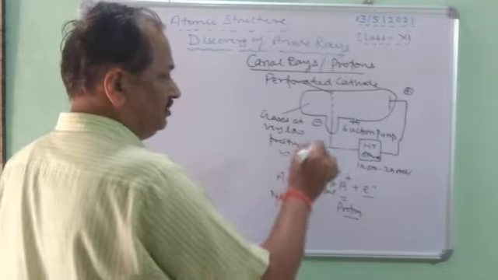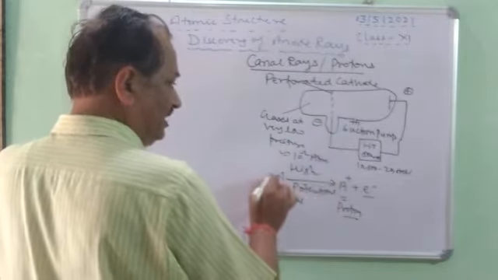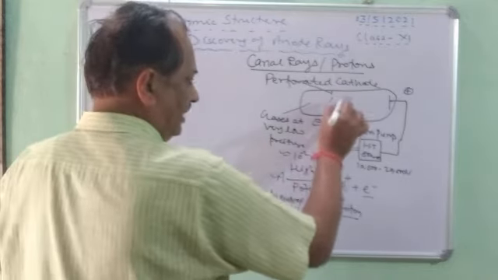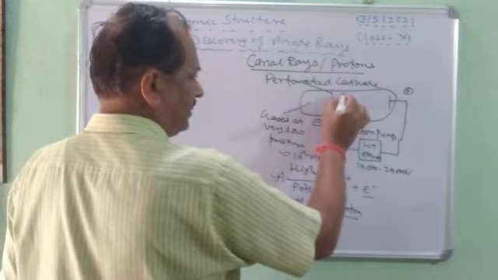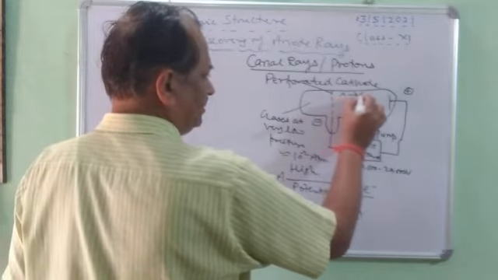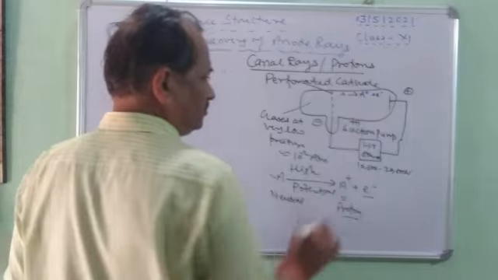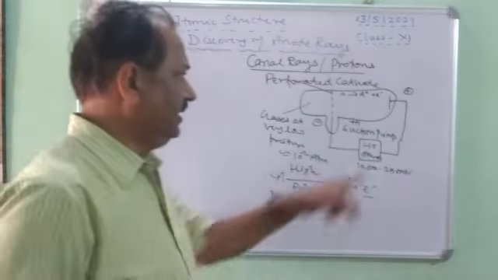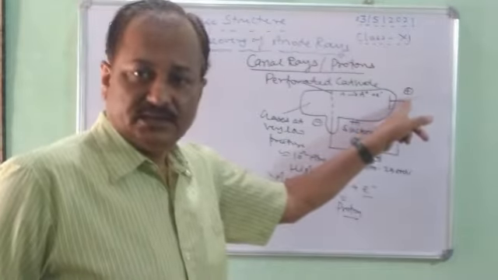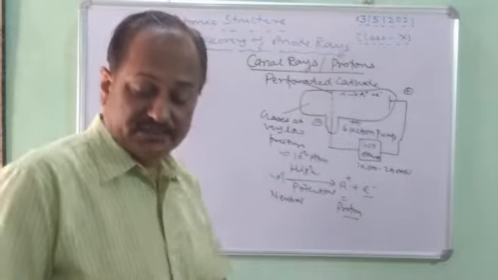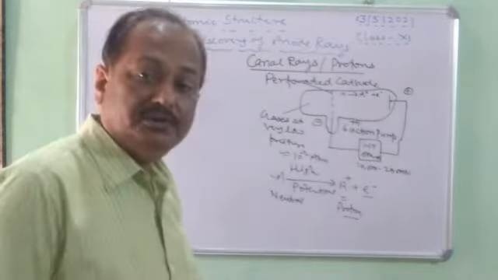So due to ionization, this reaction takes place here. A neutral atom is converted into a positively charged particle plus an electron. See carefully, here there is the anode and here there is the cathode. See, I am going to draw it for you.